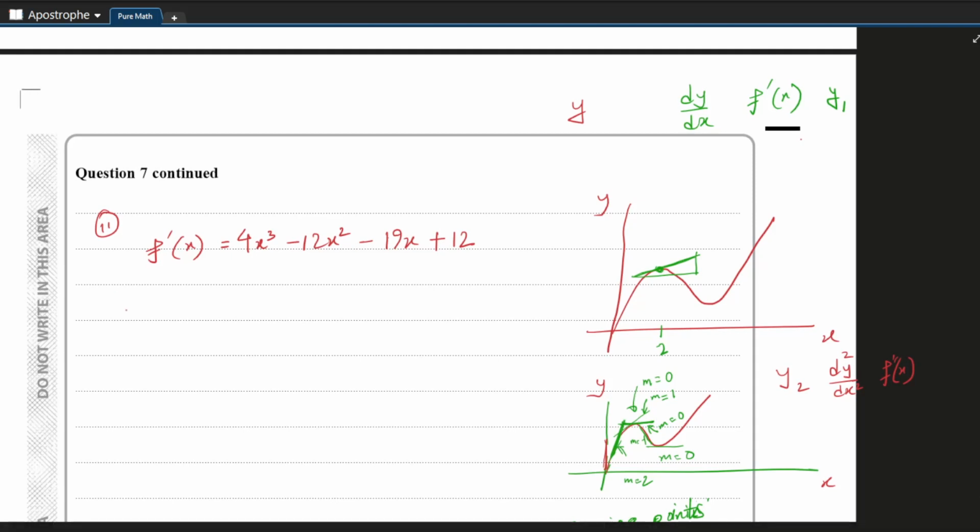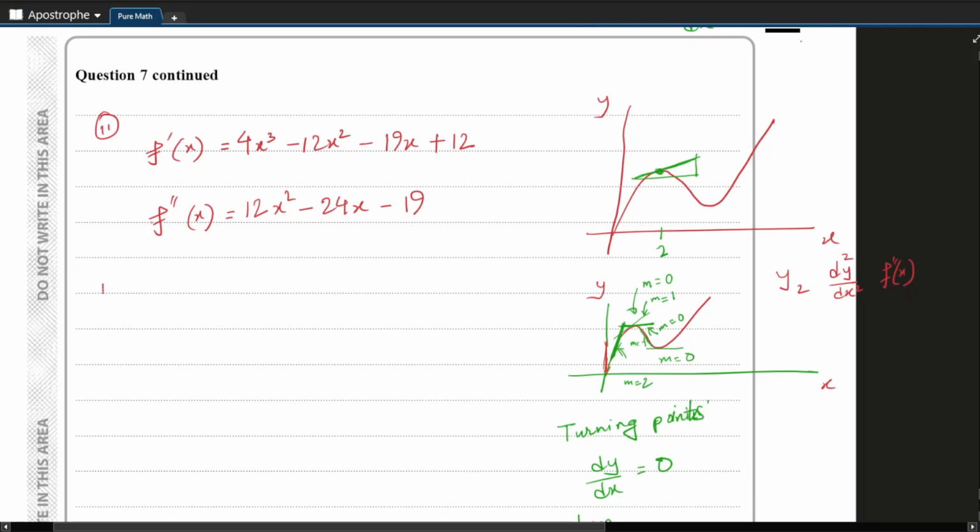So we are calculating f double prime of x, which is equal to 12x squared minus 24x minus 19.